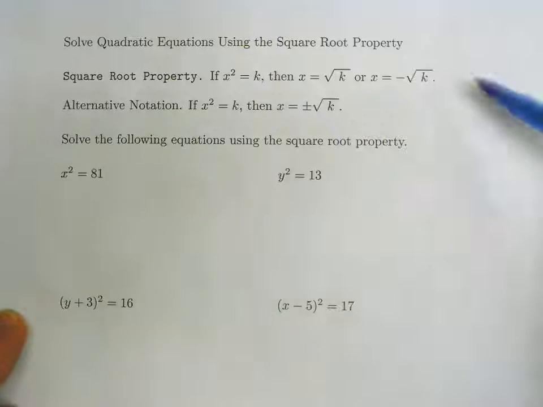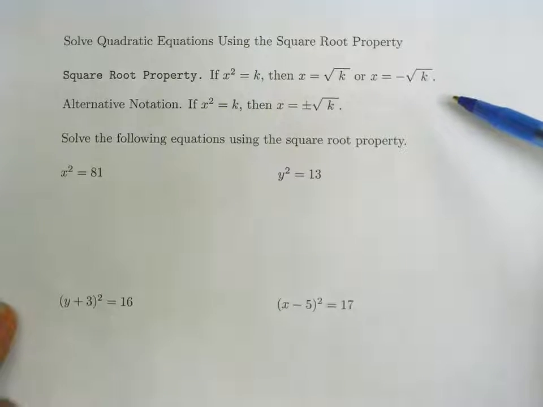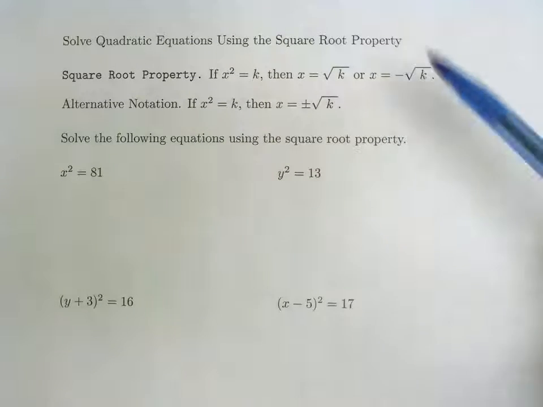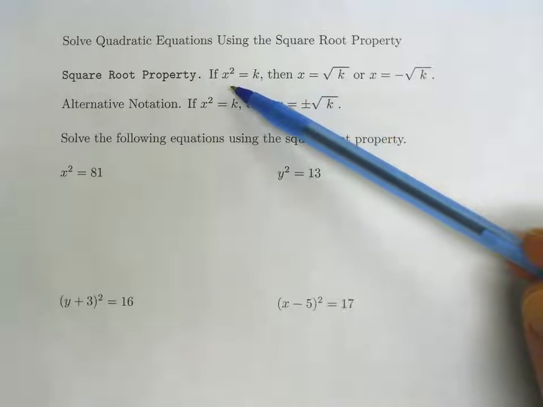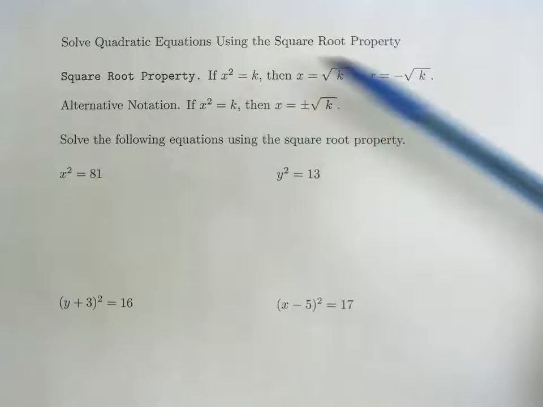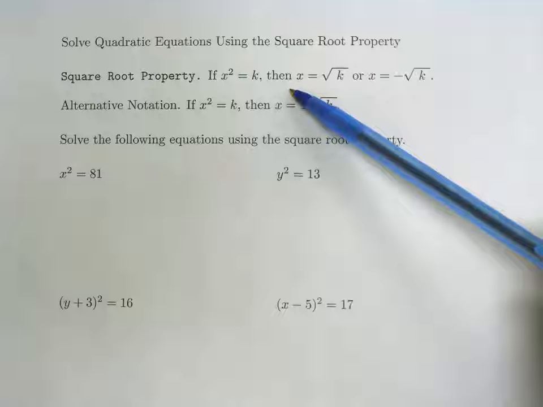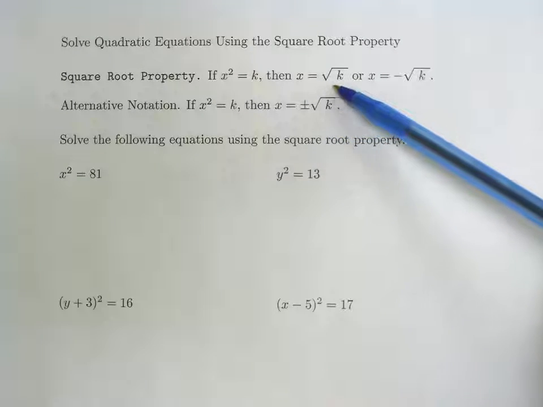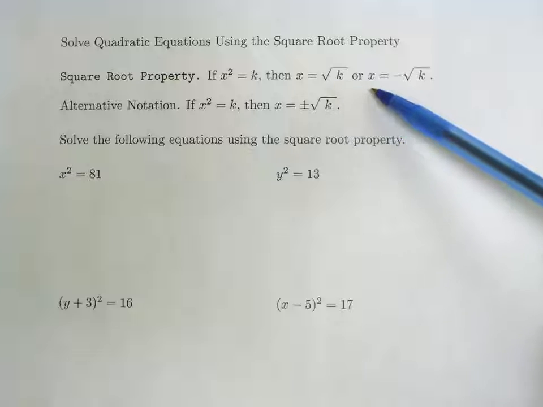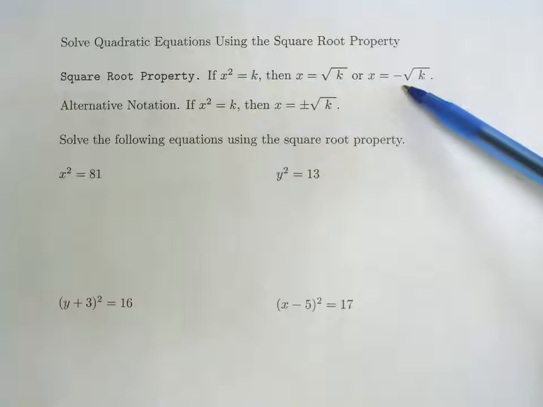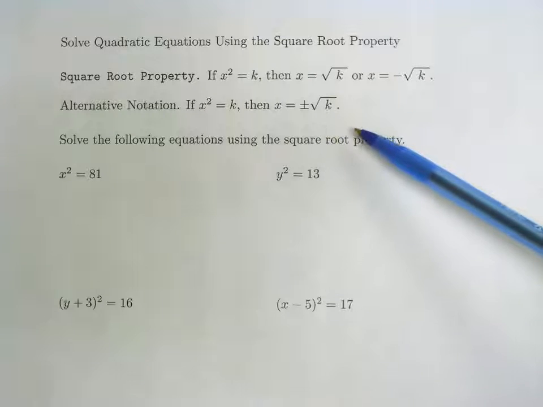Okay, here's the square root property. If x to the second equals k, then the two solutions for x are x equals the square root of k, or x equals the negative of the square root of k. There's an alternative notation.